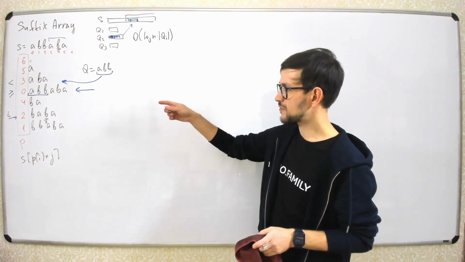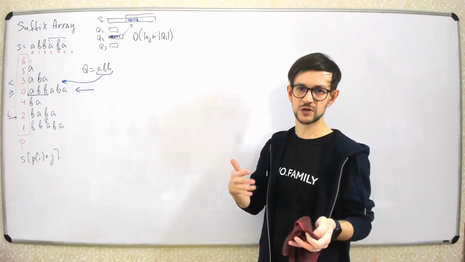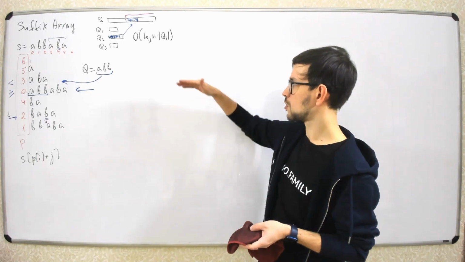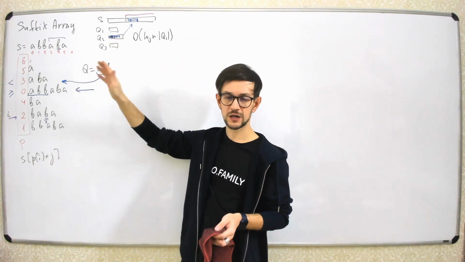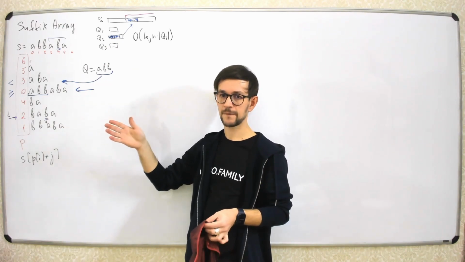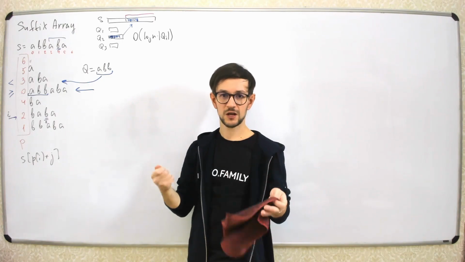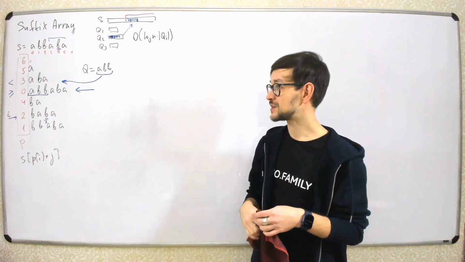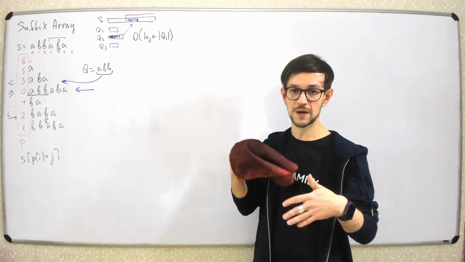These suffix arrays are a compact representation of all the possible substrings of the given text. All the substrings of this text are just all the prefixes of these suffixes. So if you look at all the prefixes of the suffixes, you will get all the substrings. And since they are sorted, you can implement some efficient algorithms to analyze them.